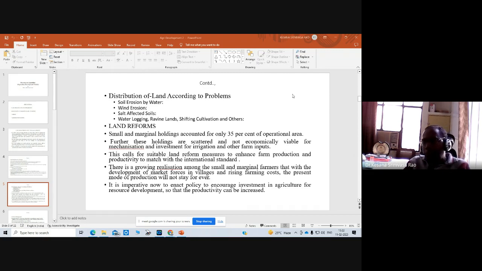Those inputs' application is becoming more, and the natural organic manures have rapidly declined. Due to that also the problems have started rising. So this is also one of the most important factors which we have to think about.